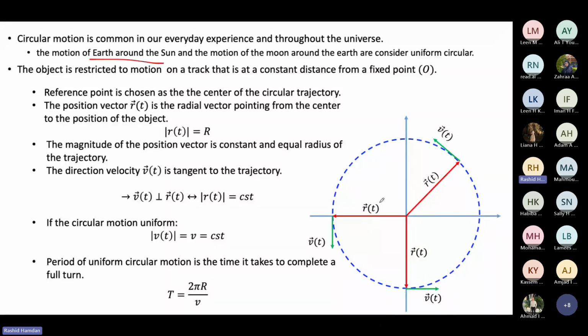Now, if an object is going in a circle, I look at its position vector.